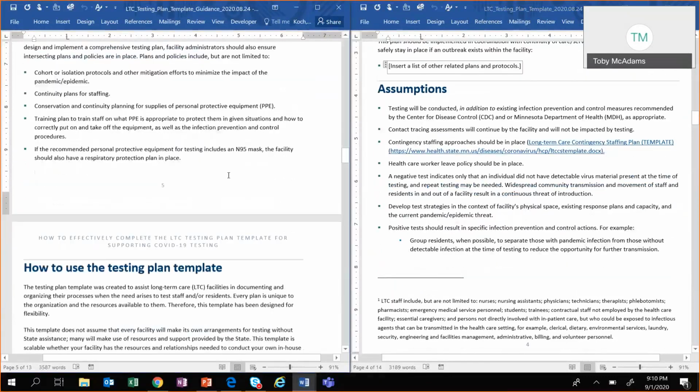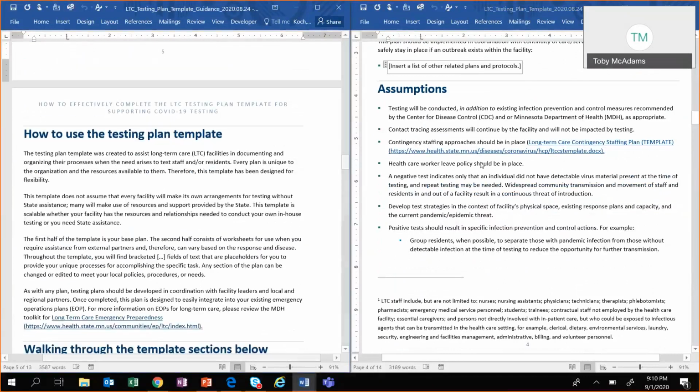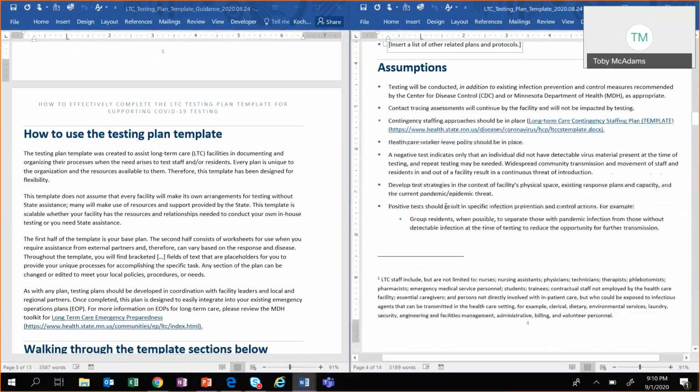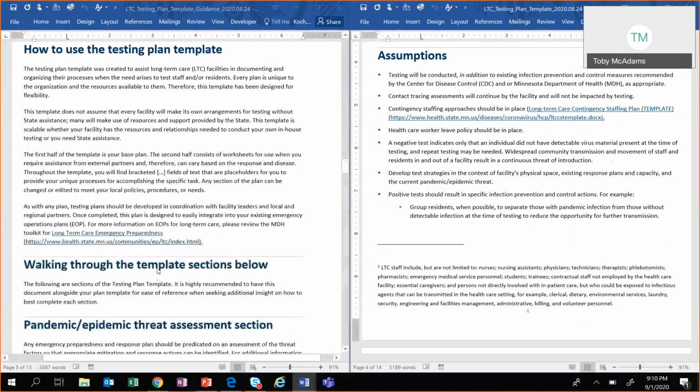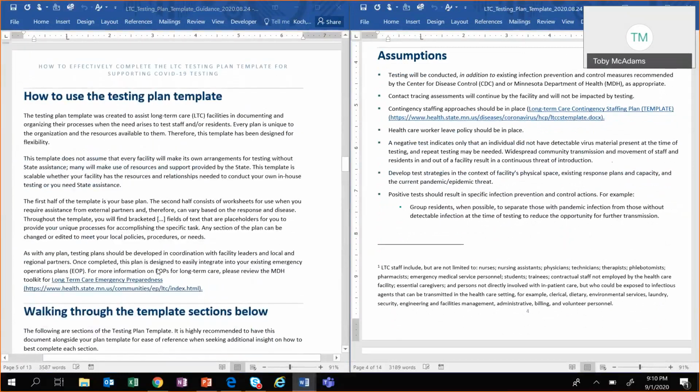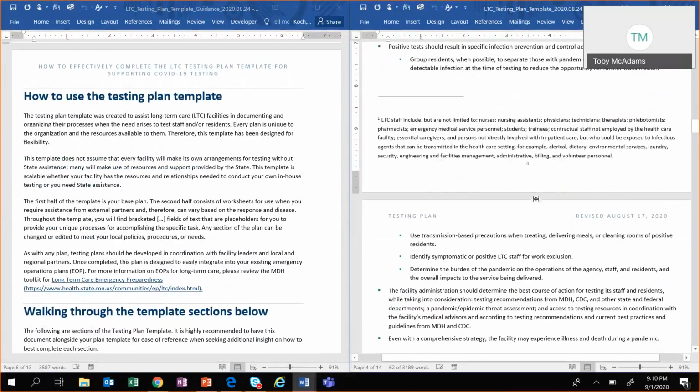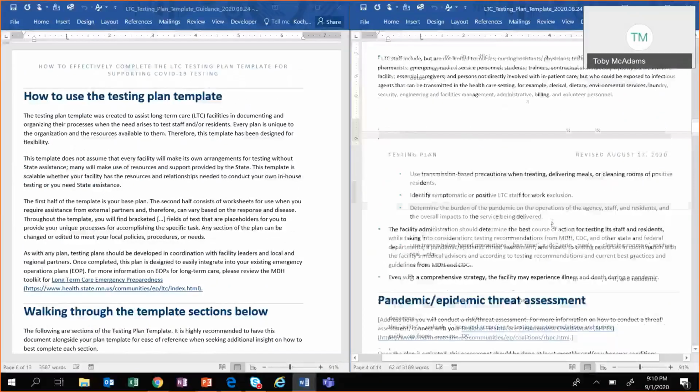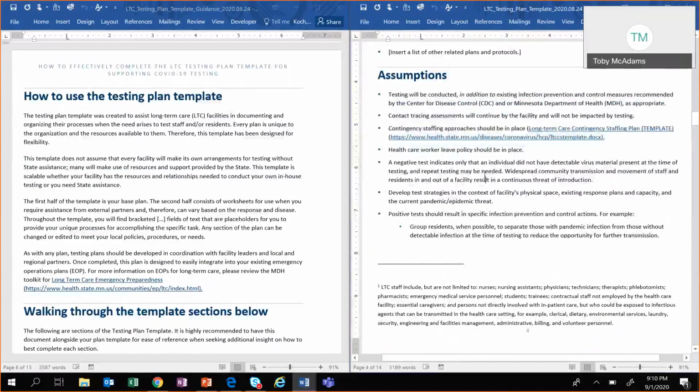Okay, great. So we're going to move on to assumptions. On the right-hand side, you see the section assumptions, and you don't see it on the left. The only reason for that is because this is pretty much standard information that's not really going to take any action on your part. However, I highly recommend, as always, to read through it thoroughly and ensure that you are in agreement with what it says.